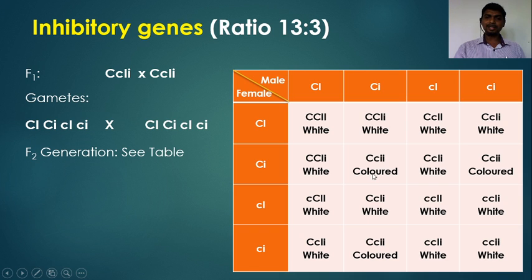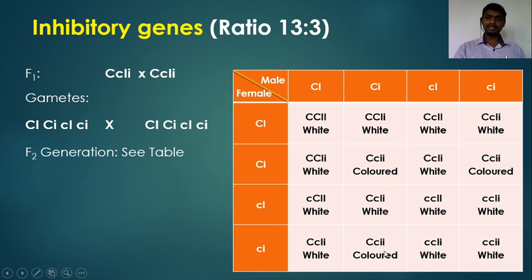So the colored progeny has been obtained in the genotype having capital C, small i, small i. Similarly, capital C, small i, small i. Here also capital C, small i, small i. So these three individuals are colored because the inhibitory gene is recessive and the color gene is dominant.